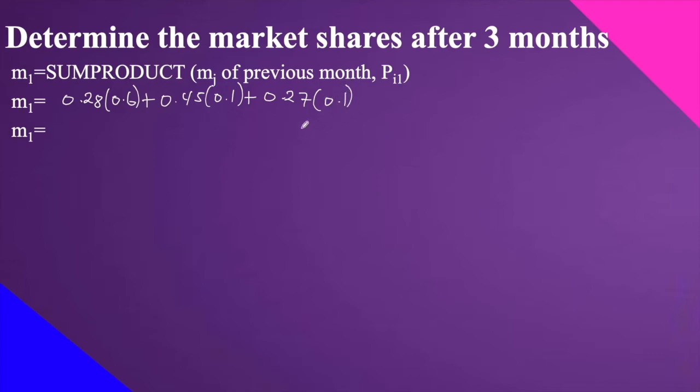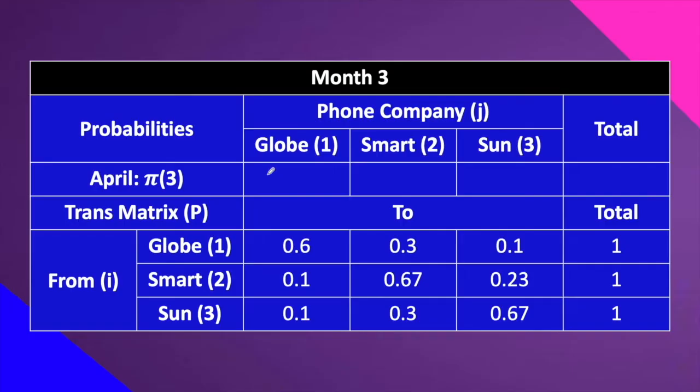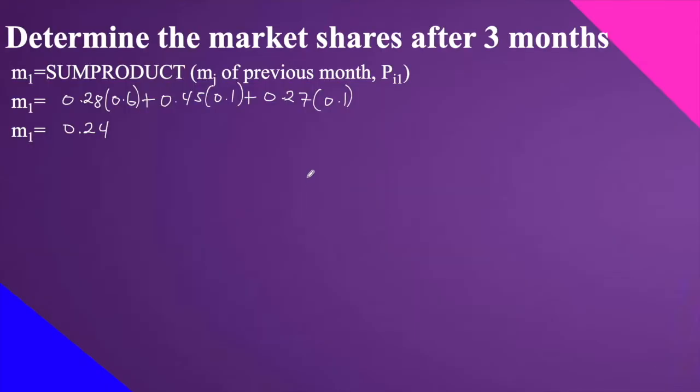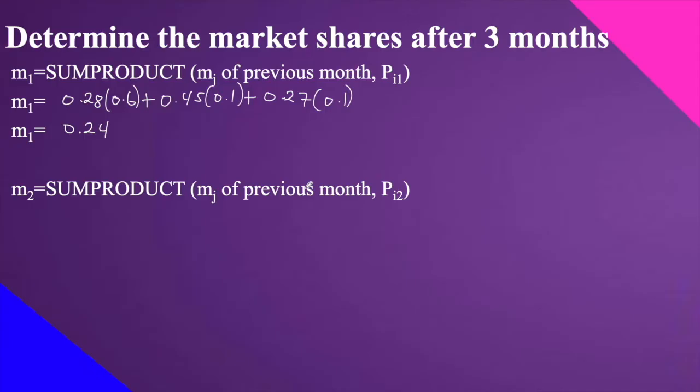And this is equivalent to 0.24, meaning the Globe's market share after 3 months is equivalent to 0.24. Lagay natin dito. Okay, now, this is April na, no? Nasa April na po tayo. So, 0.24 for Globe.